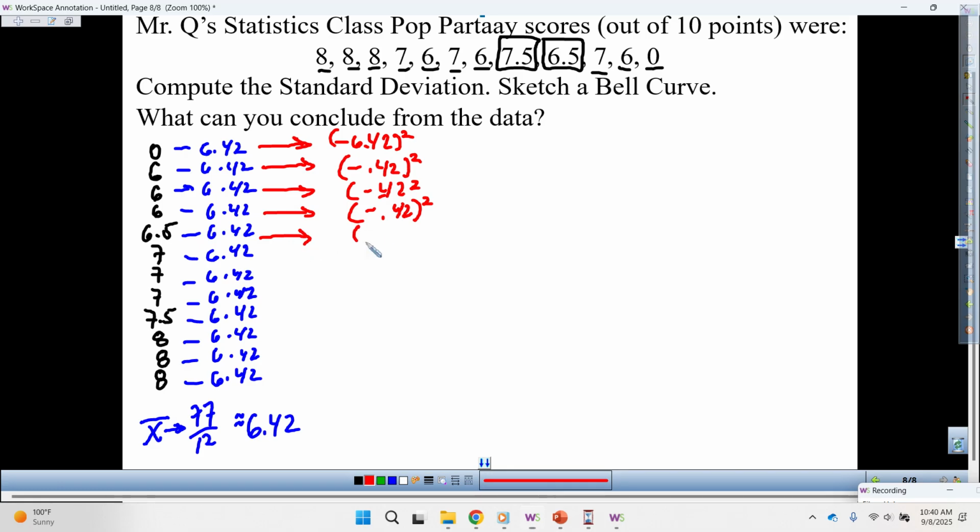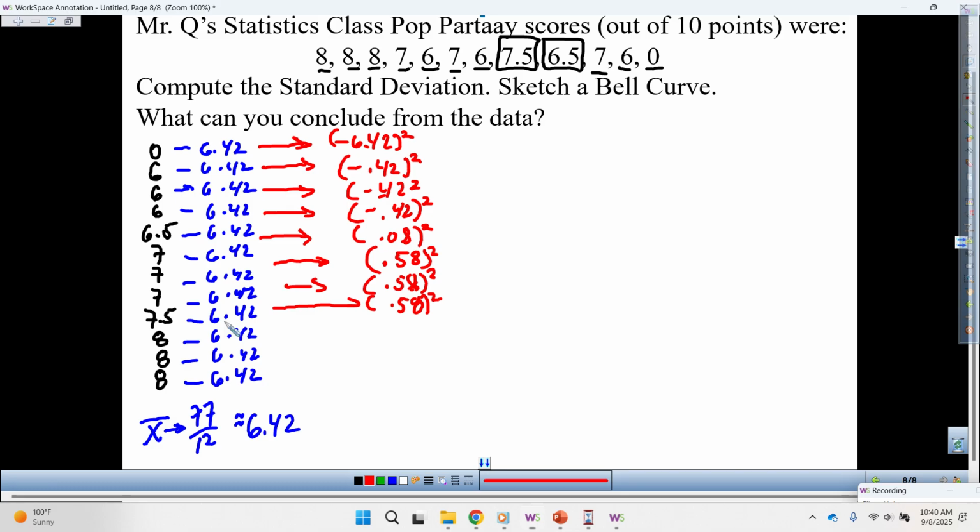That gives us 0.08. We square that. Then we got 7 minus 6.42. That is 0.58, 3 times.